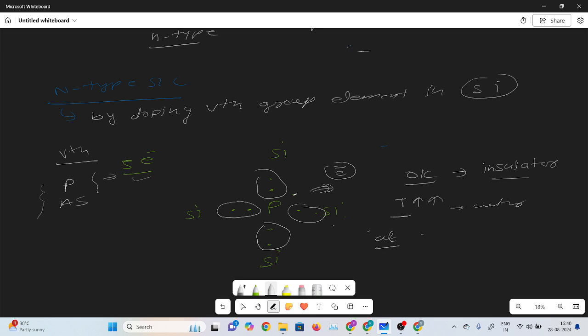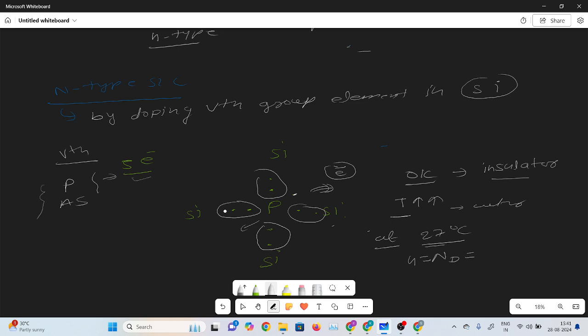At room temperature, meaning 27 degrees Celsius, here I doped the phosphorus atom. This atom is called the donor atom, and I am writing Nd for representation purposes.